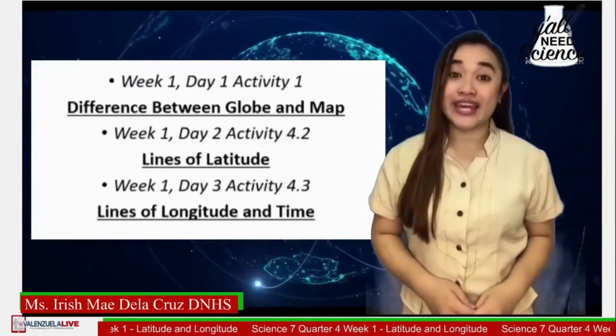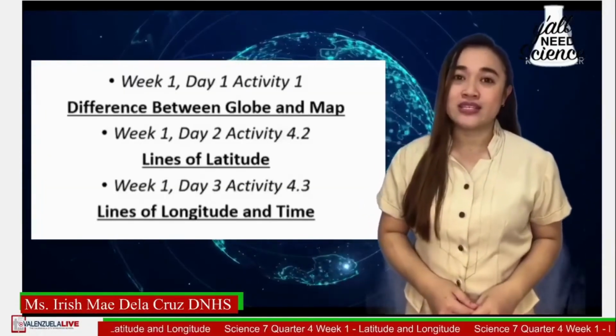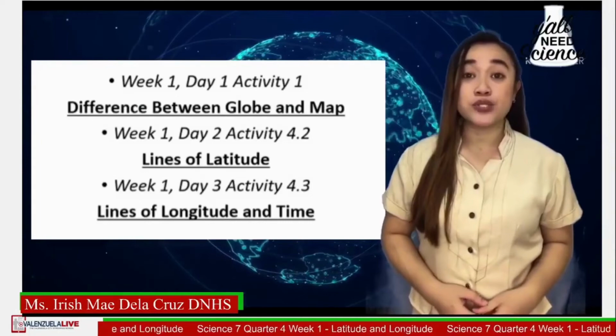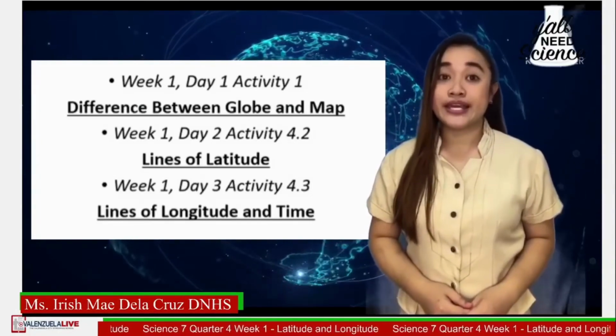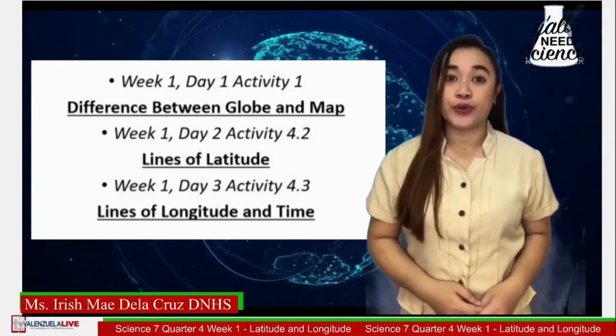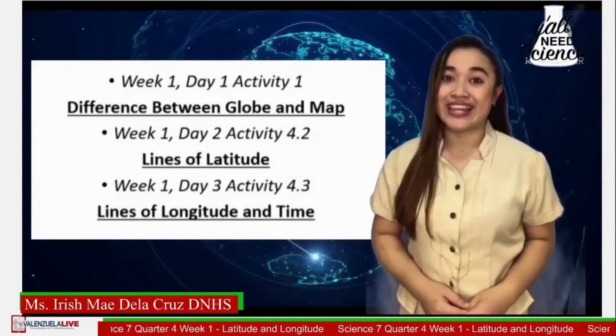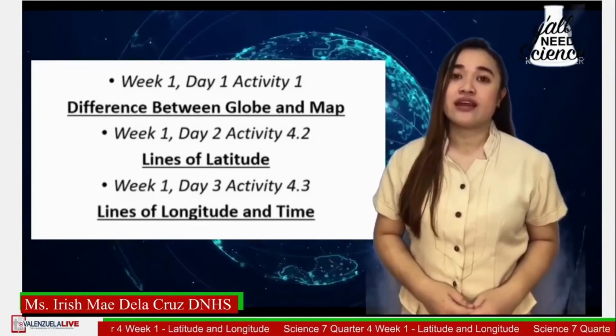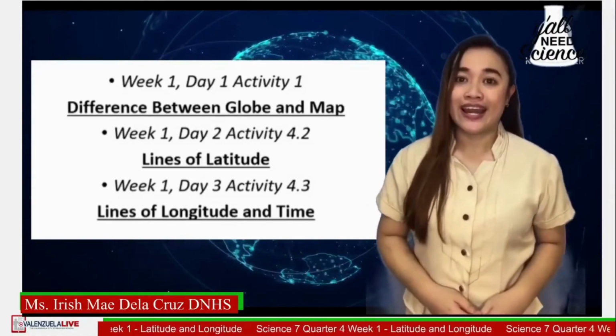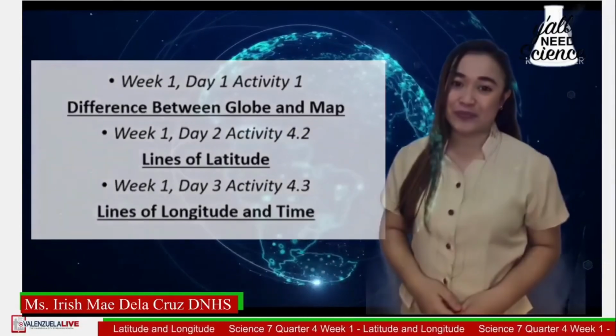Week 1, Day 1, Activity 1, entitled The Difference Between Globe and Map. Week 1, Day 2, Activity 4.2, entitled Lines of Latitude. And Week 1, Day 3, Activity 4.3, Lines of Longitude and Time.